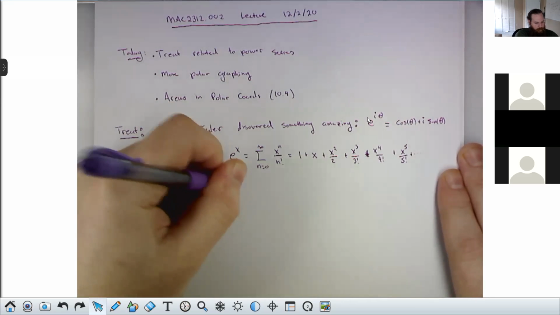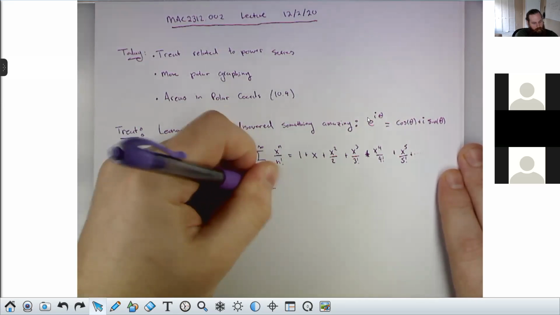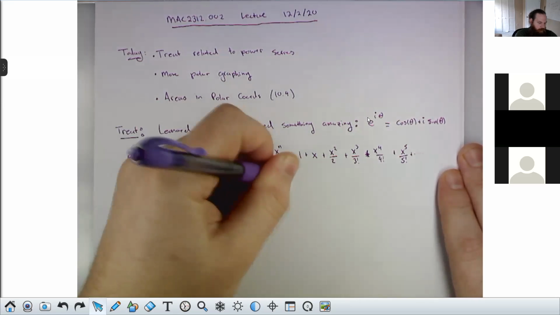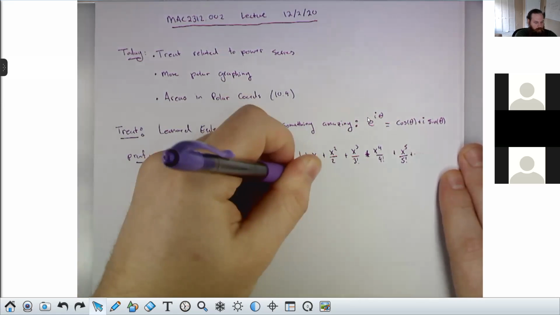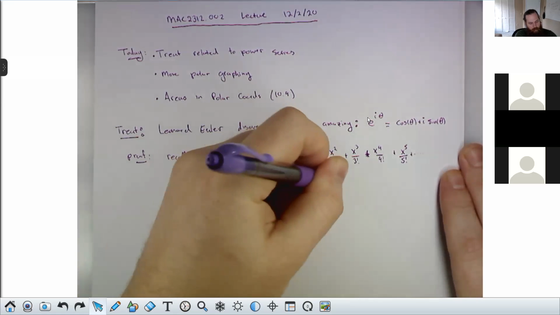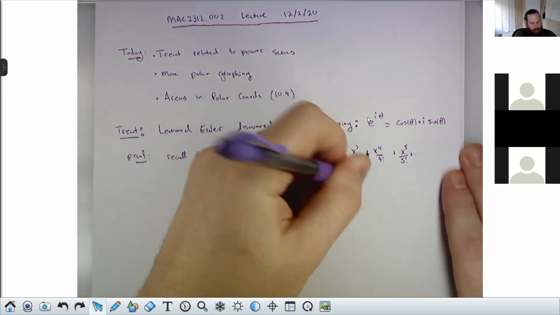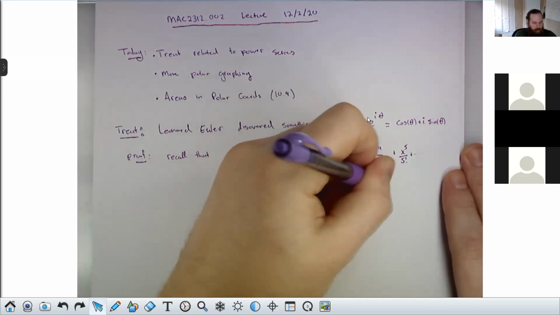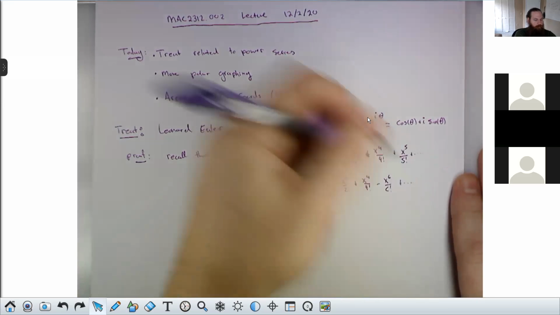Cosine of x is sigma n from 0 to infinity, negative 1 to the n over 2n factorial x to the 2n, which is 1 minus x squared over 2 plus x to the 4 over 4 factorial minus x to the 6 over 6 factorial, and so on.